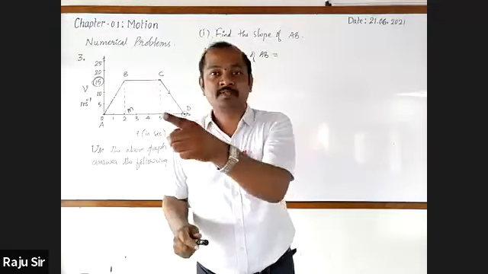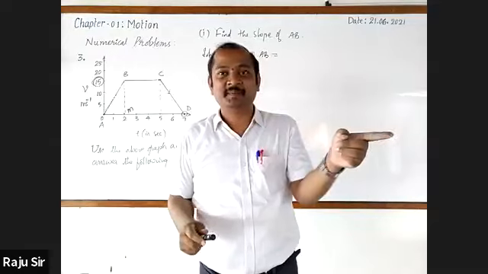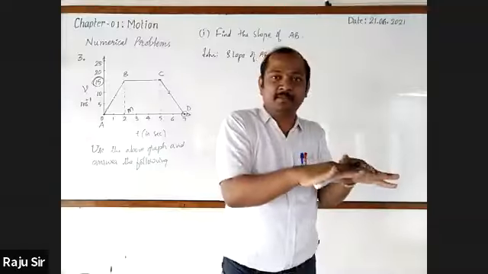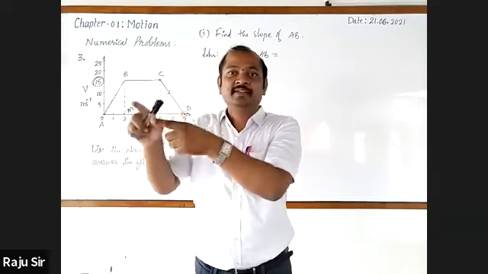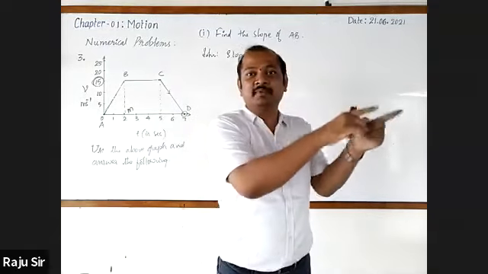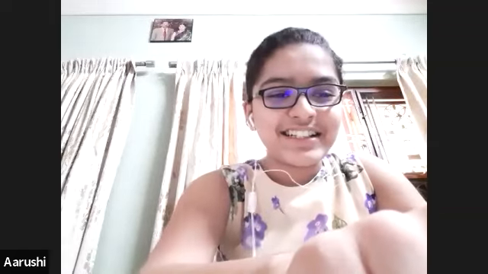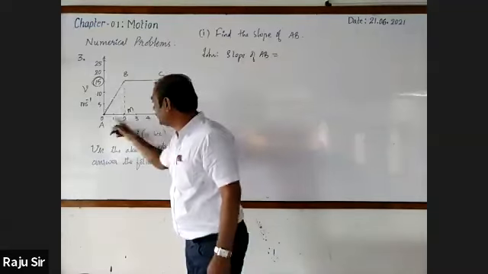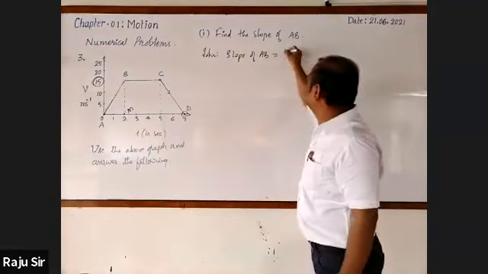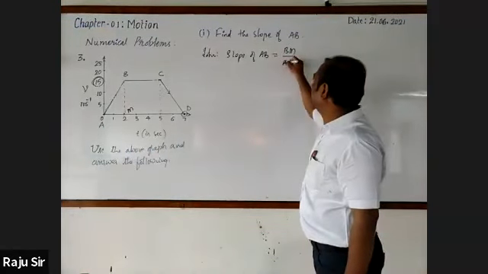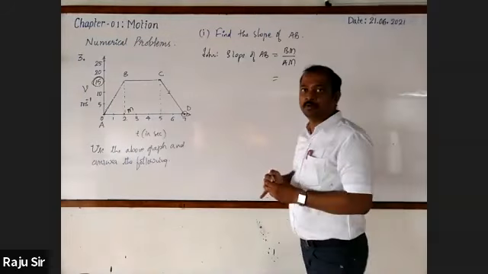Arushi, you must practice to tell spontaneously. You pause, then you raise your voice, then again you pause. Your response is going like a wave. Okay. Slope of AB is BM by AM.